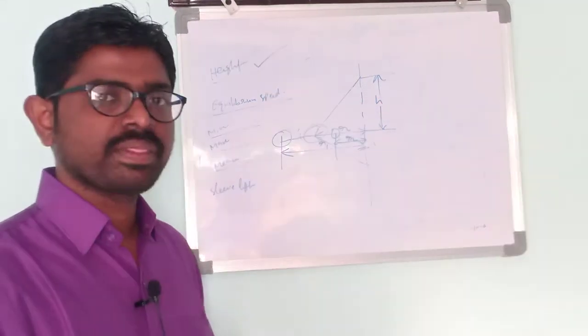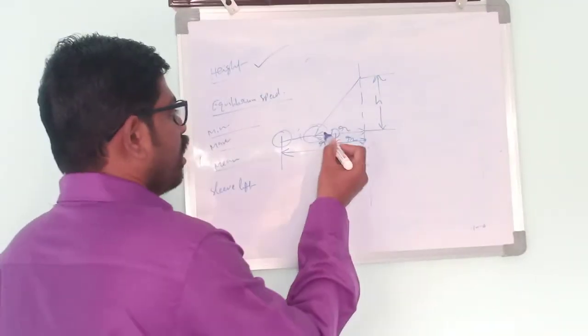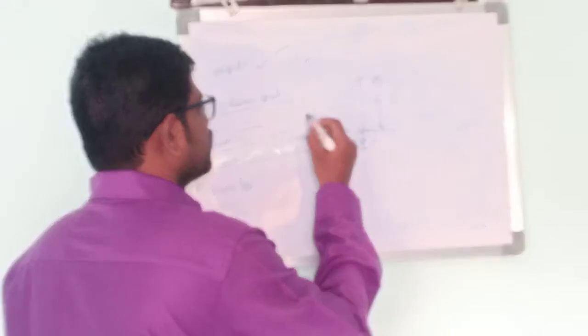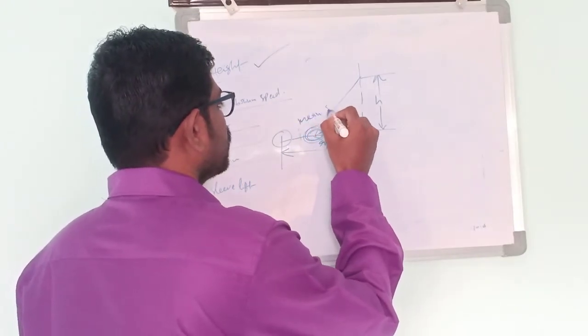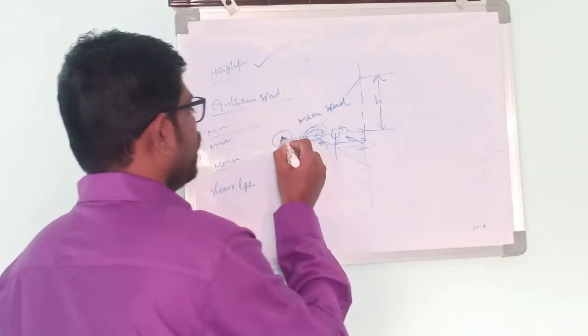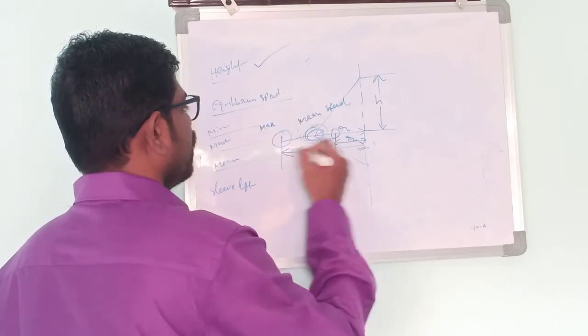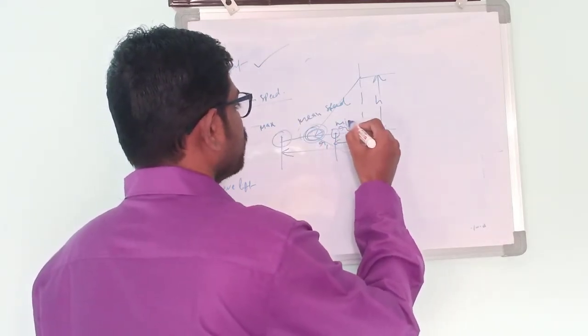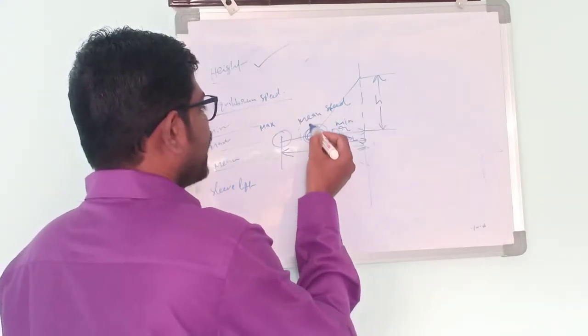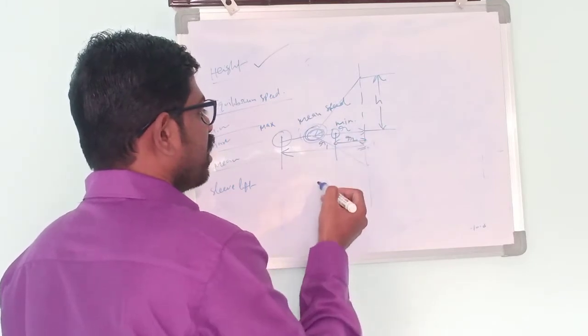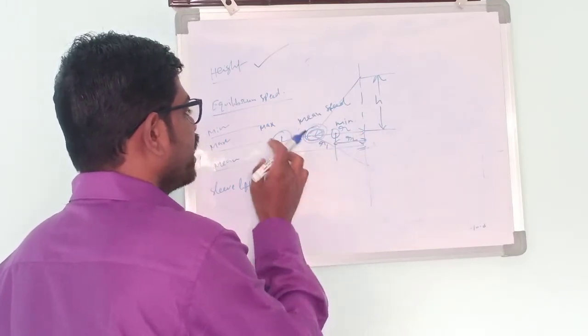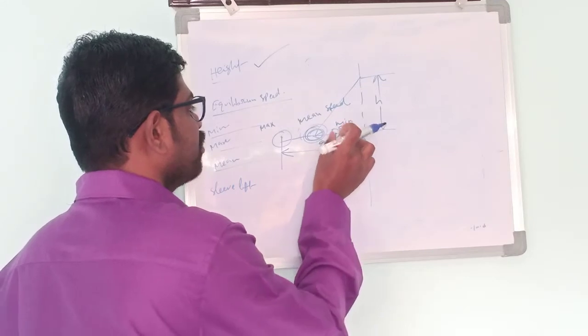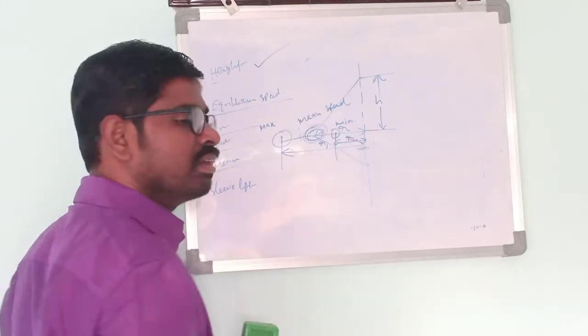Here the ball is at mean speed, here maximum speed, and here minimum speed. So at mean speed we have radius of rotation r, at maximum speed radius of rotation r1, and at minimum speed radius of rotation r2.